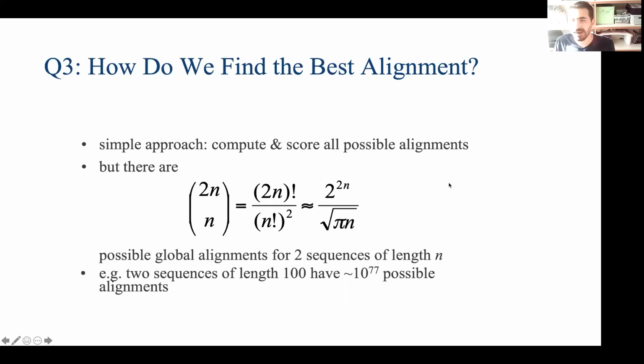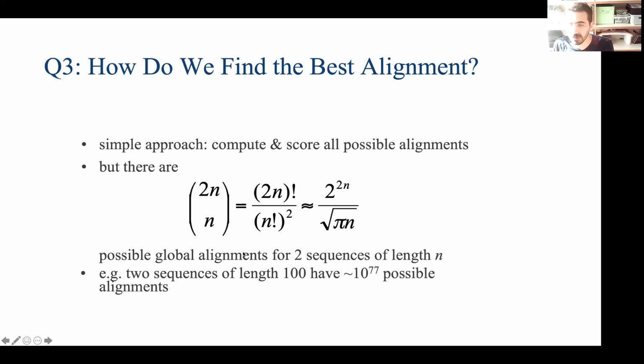And how do you find the best alignment? This is a major question. If you would like to calculate all possible alignments, first we have to ask how many possible alignments we can have. If two sequences have length n, the number of possible alignments is this value, okay?